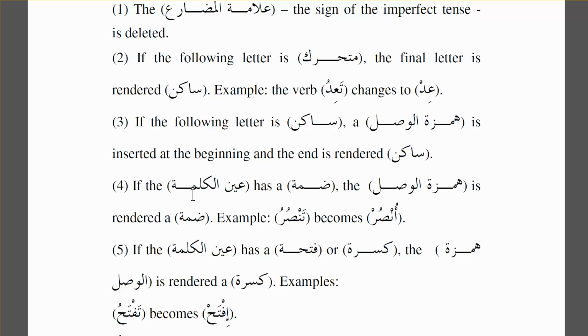One example is tansuru, the other example is taftahu. We all can see that the ayn kalima in tansuru has what? A dhamma, a fatha, or a kasra? Exactly, it has a dhamma. So thus, you will put a dhamma on the hamza, and you will read the word unsur.